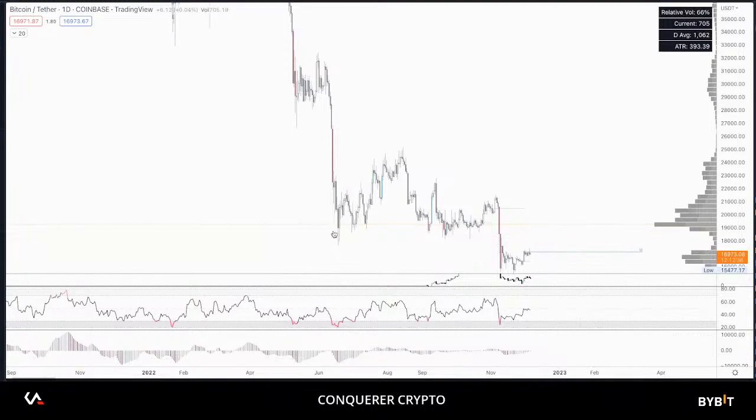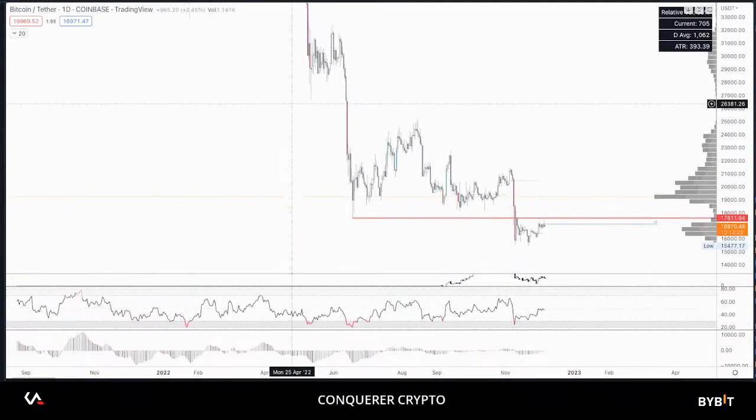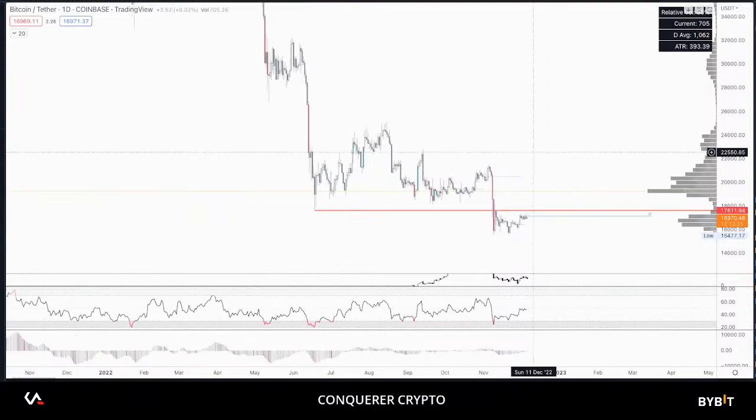So I'm not gonna mark the range from this to there. I'm just gonna mark the range low because that's what's important right now. So this is the level that it needs to reclaim, right? For any bullish hope for these, right?